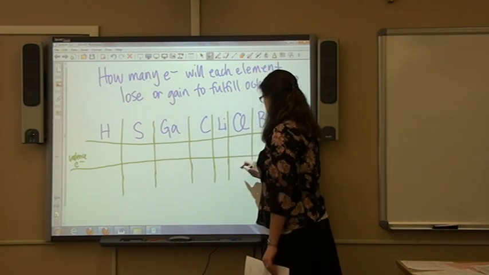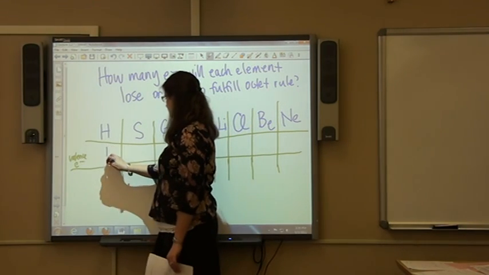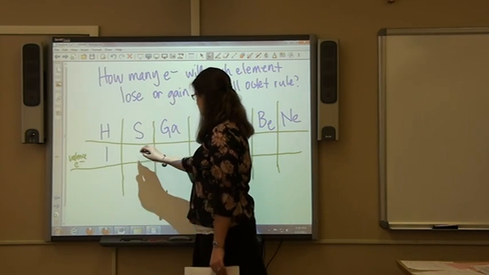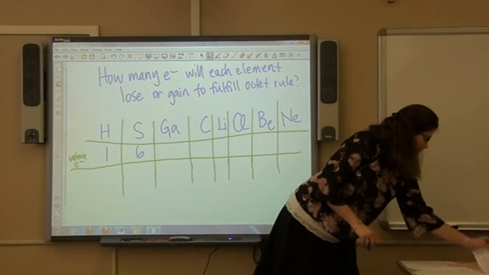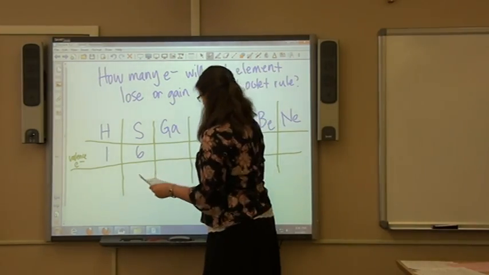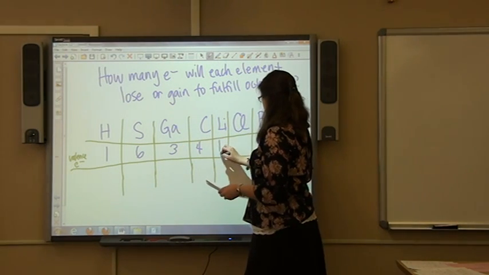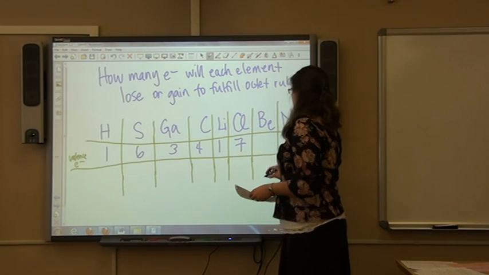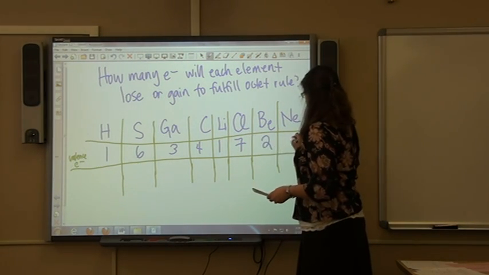How many valence electrons in hydrogen? 1. In sulfur, 6. Gallium, I have to look up. 3. Carbon has 4. Lithium has 1. Chlorine has 7. Beryllium has 2. Neon has 8.